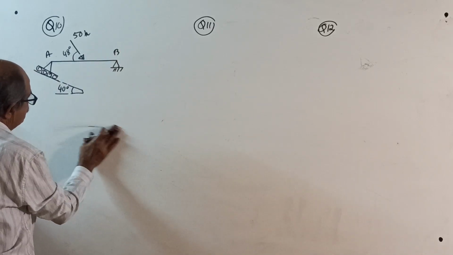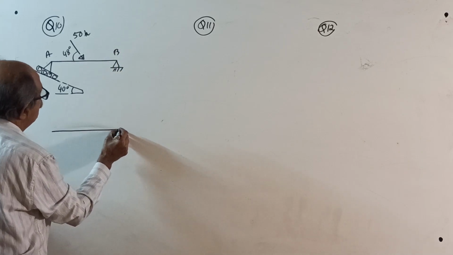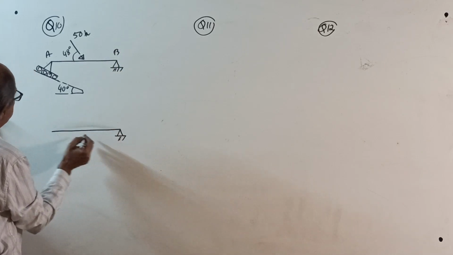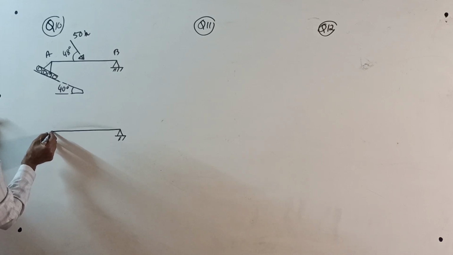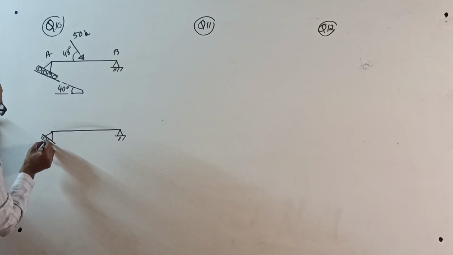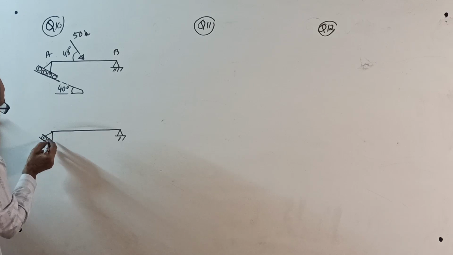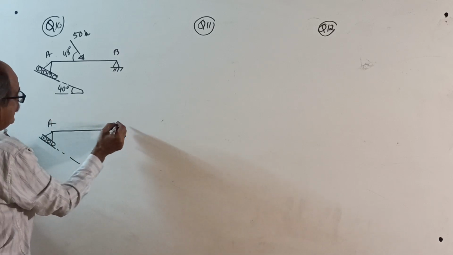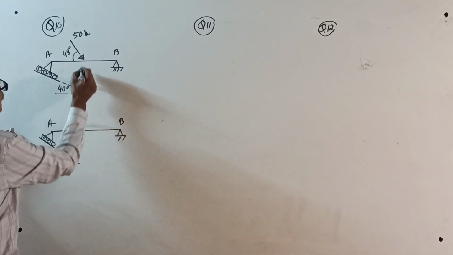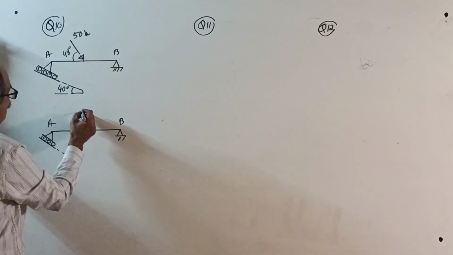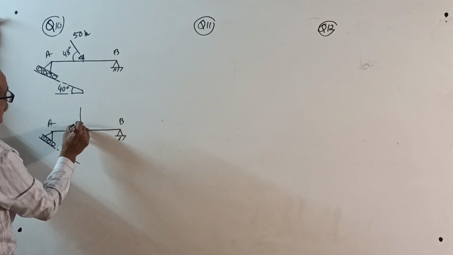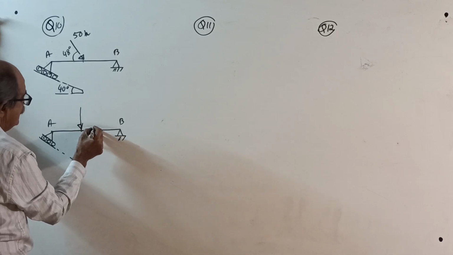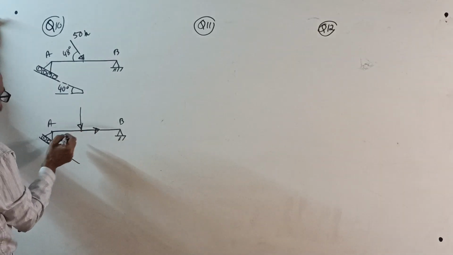Yeah, see, I'll come this side. This is hinge. This is roller. Angle you write yourself only. This is A. This is B. Here what I will do is, I will resolve this by a vertical load here and a horizontal component. Now, first I will put this reaction.